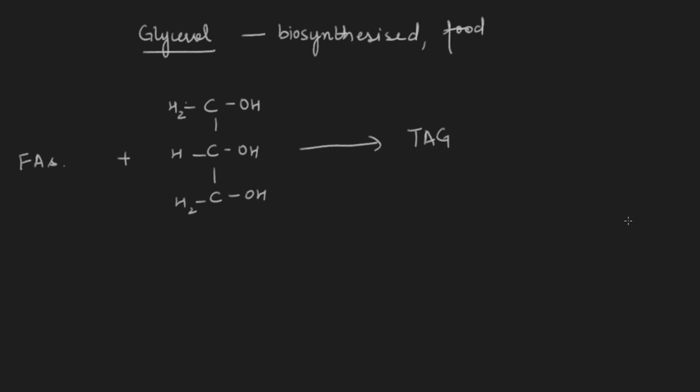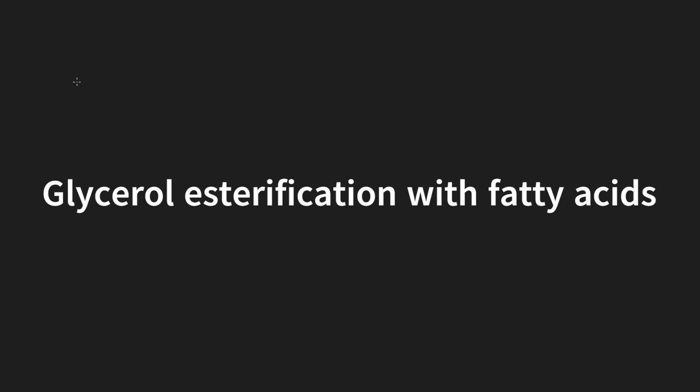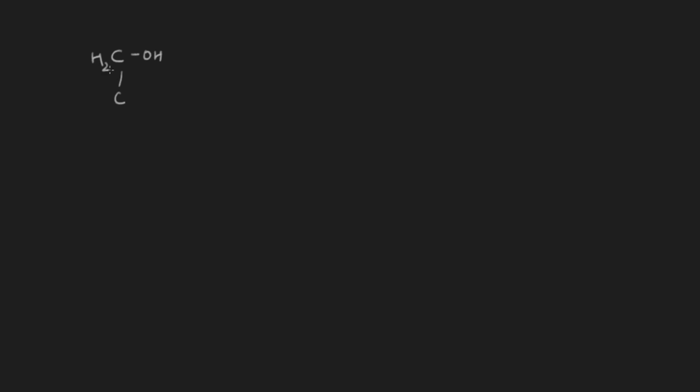A simpler way of looking at synthesis of triacylglycerol is joining glycerol with different fatty acids or the same type of fatty acids. Let's look at a simplified version first. Let's take some imaginary fatty acid having 4 or maybe 6 carbons, and we take 3 molecules of this.